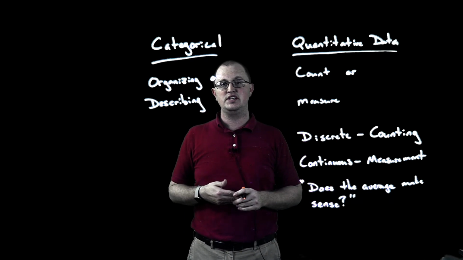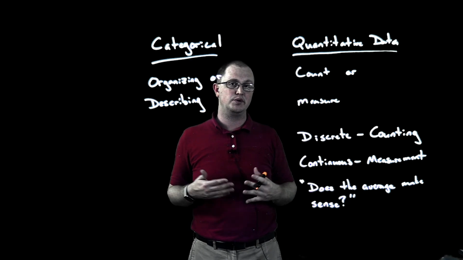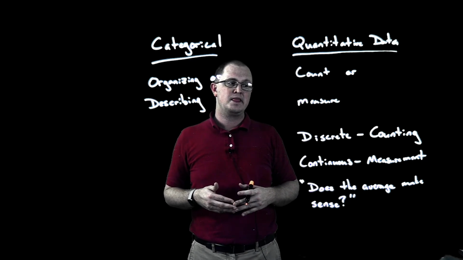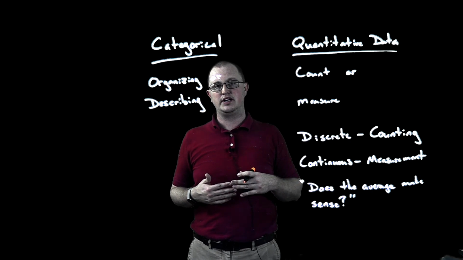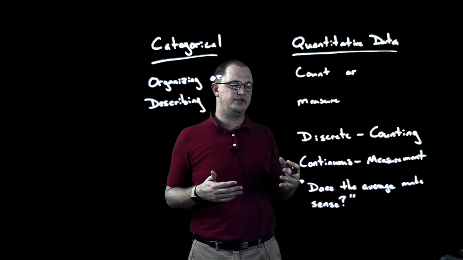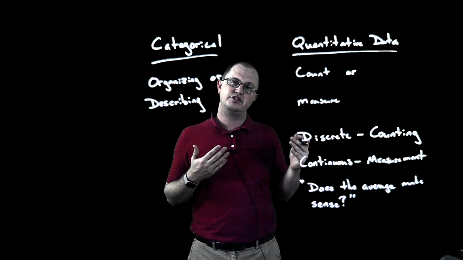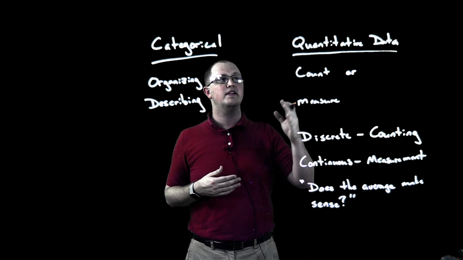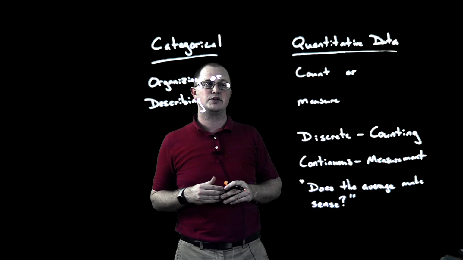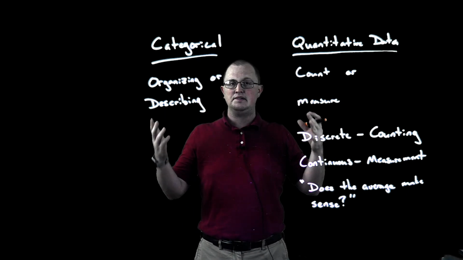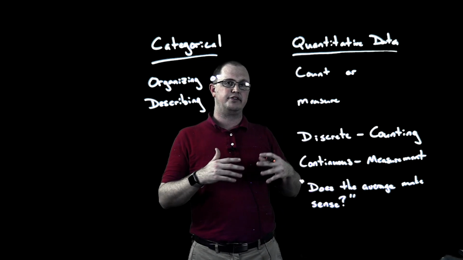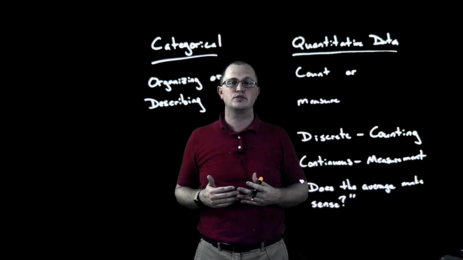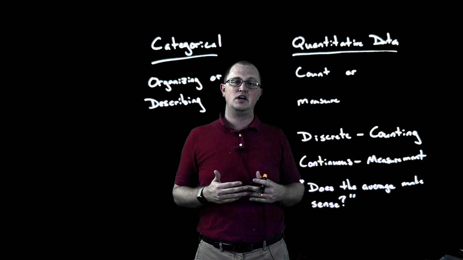But you should be familiar with an average from day-to-day life. And so whenever we look at the data, we ask, does the average make sense? And if the average does make sense, then that's quantitative data. If I'm talking about average length of a class, or average weight of a dog, right, those are quantities that make sense.